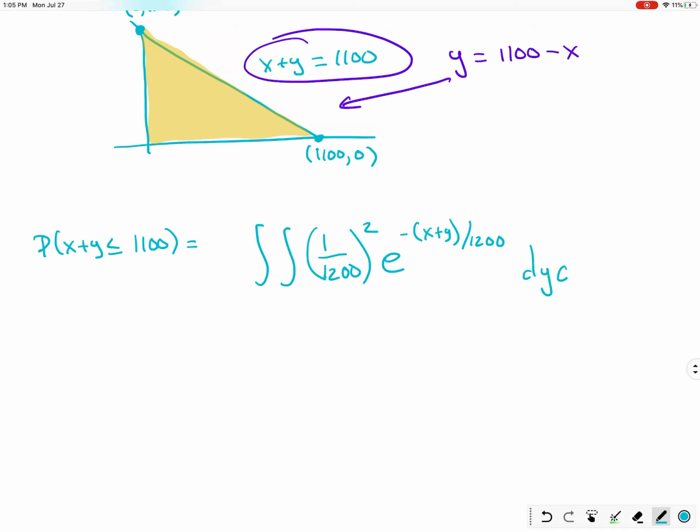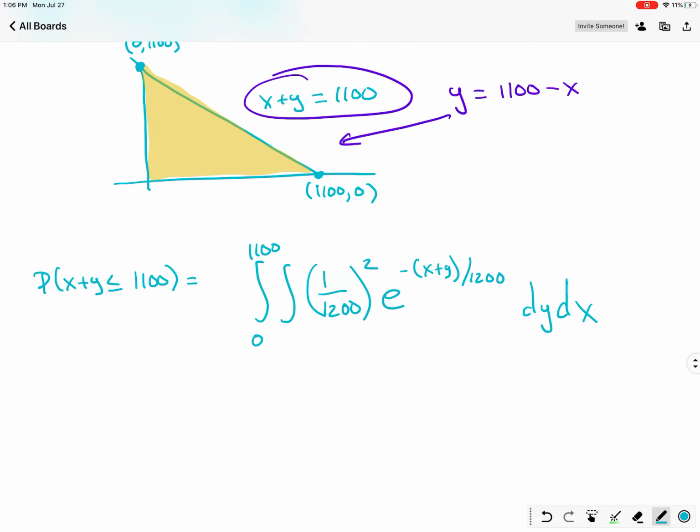And then I'm going to set it up with dy dx. So the dx is on the outside, and if I set it up that way, I would have from 0 to 1100, and the dy is on the inside, and my change in y then would be from 0 to 1100 minus x. And then I just need to evaluate that iterated integral. And our question asks us to do that to 4 decimal places.